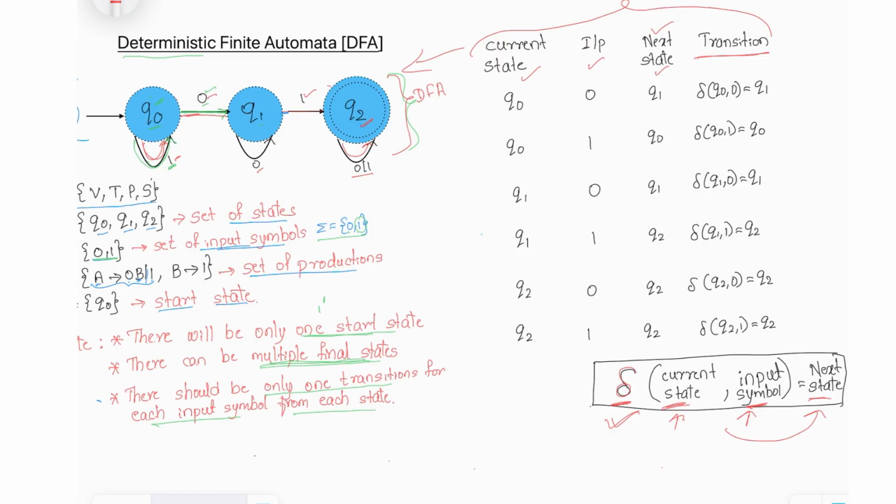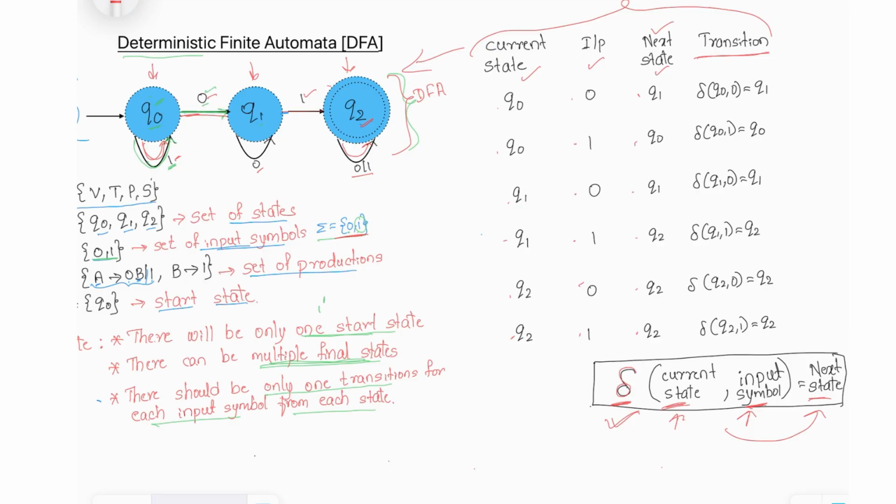Let us see how many states we have in the given diagram. There are three states: Q0, Q1, and Q2. And how many input symbols are we passing? Only two, that is 0 and 1. So for each state, I am going to give each input symbol and write to where it is moving further.